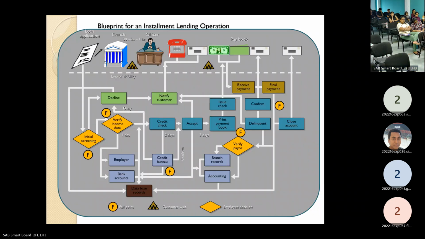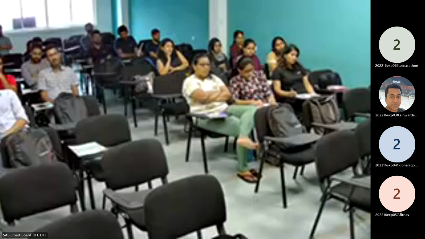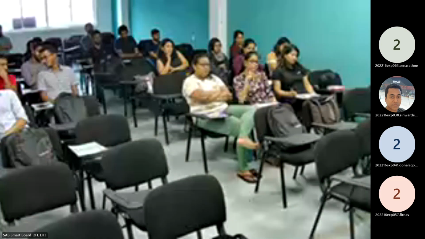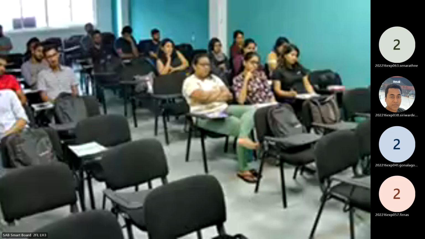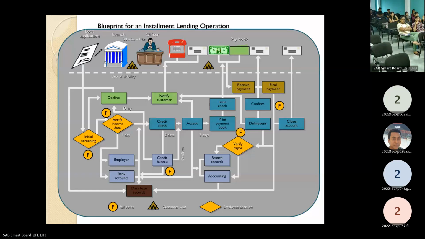You see here, this is for lending. This is the lending process from loan application receipt to processing, and what types of activities are there shown in the service blueprint.